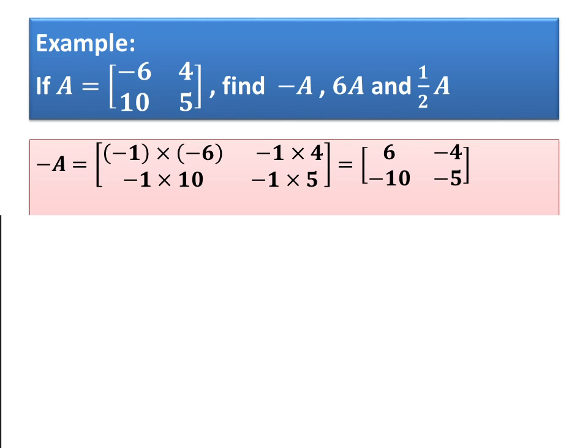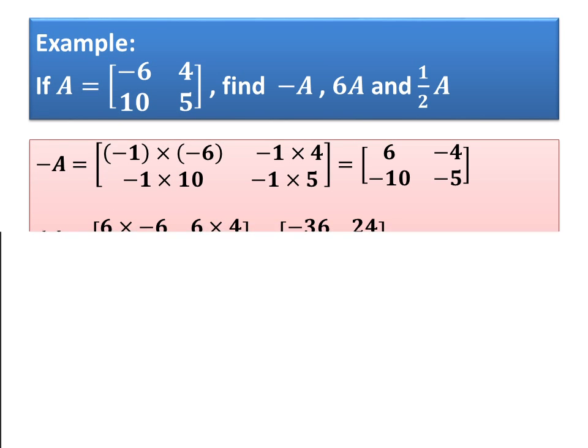So now we have minus 1 times minus 6, minus 1 times 4. In the second row, minus 1 times 10, minus 1 times 5. This gives us the matrix 6, minus 4, minus 10, minus 5.